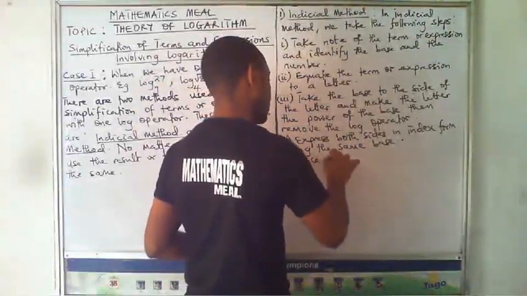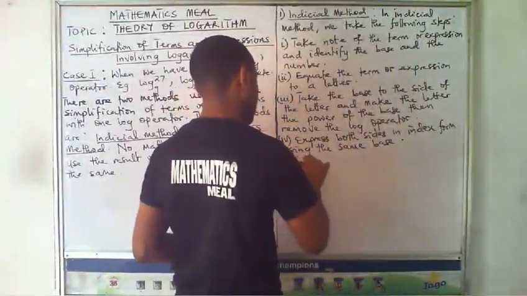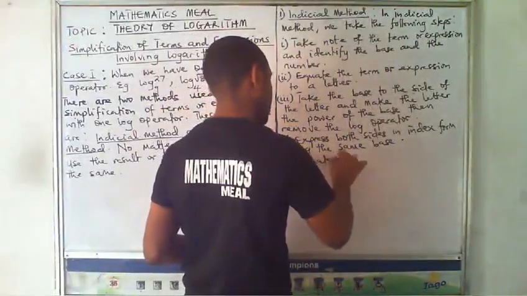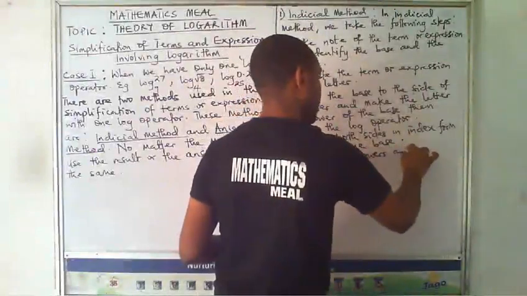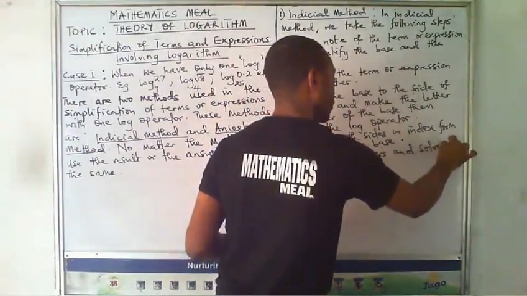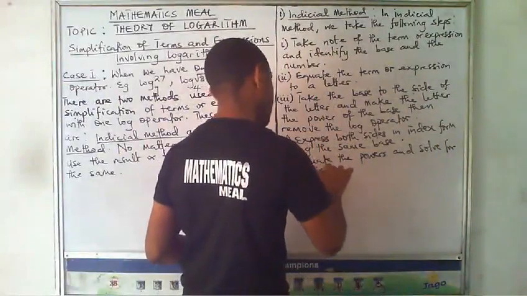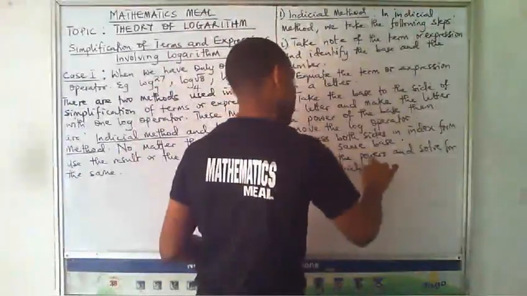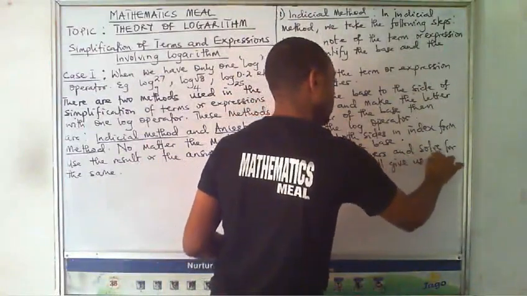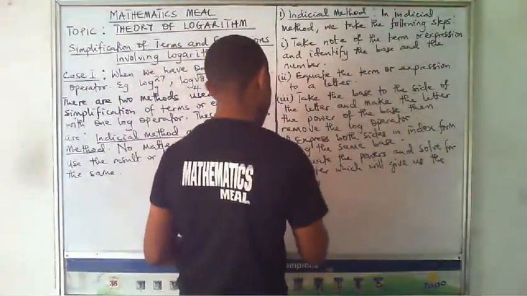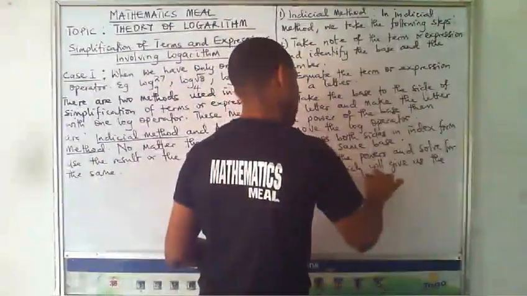Since the bases are now equal, we now equate the powers and solve for the letter, which will give us the answer to the logarithm.